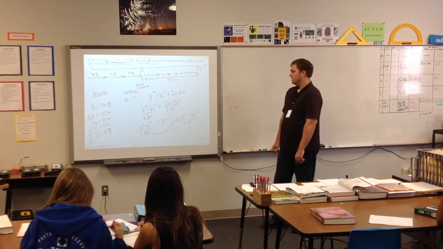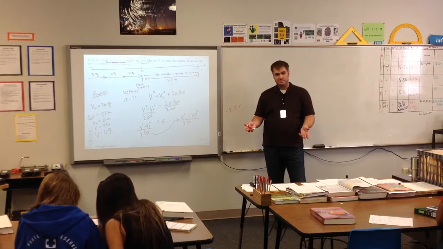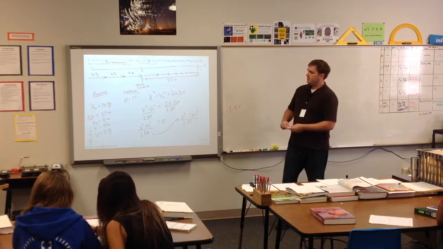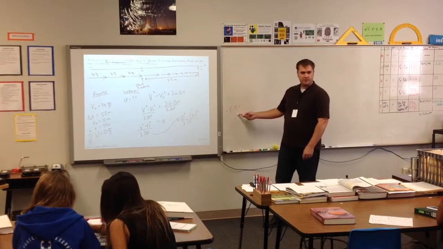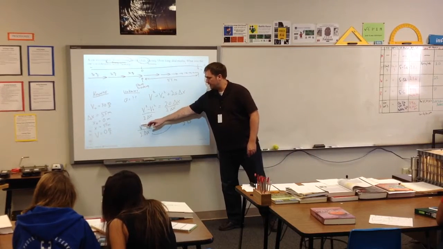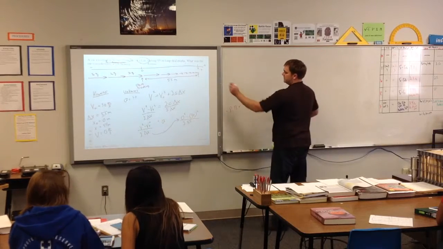My bad. Now the question is, what are the units going to be? It's asking for the acceleration. One way that we can check to make sure that our answer is realistic is to do the same thing, but just with the units. So watch this.